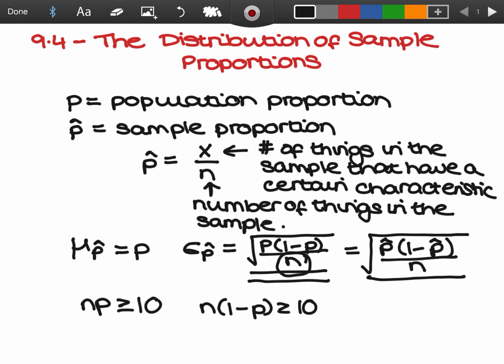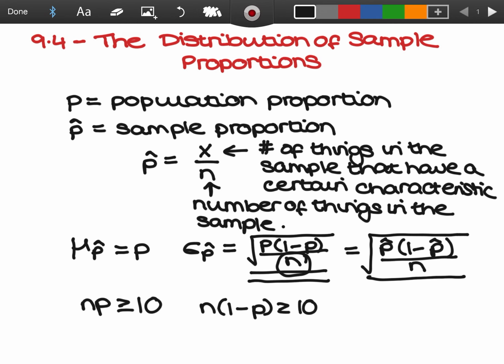When we did 8.6, when we did an approximation to the binomial distribution using our normal distribution, it actually comes alongside with that. It's exactly the same characteristic that you have to have to get a reasonable approximation here. So we would like n times p and n times 1 minus p both to be at least 10 to get this thing to have a normal distribution. It's exactly the same as what we did in binomial.